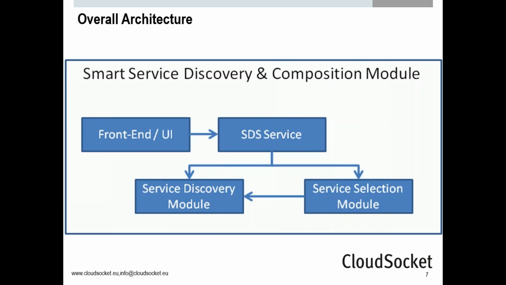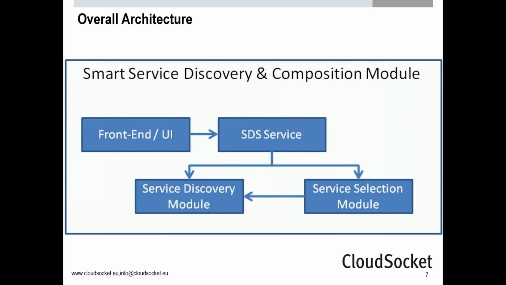Here is the overall architecture of the framework. You can see that there is the SDS service, as we call it, the smart service discovery and selection service, which wraps the functionality of the two main modules, the service discovery and the service selection module.